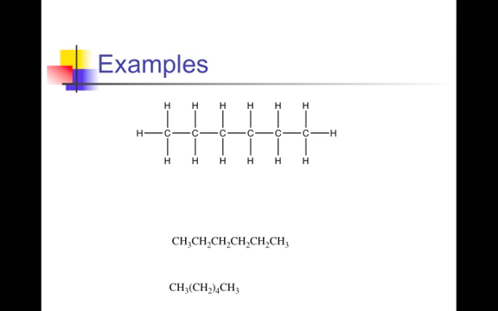So instead we can draw it the following way: CH3, CH2, CH2, CH2, CH2, CH3. You lose no information there if you just understand what you know about valence. The important thing is to read from left to right. So you have a carbon. Carbon's bonded to four things. What's that first carbon bonded to? Three hydrogens, and then the next thing, the carbon.